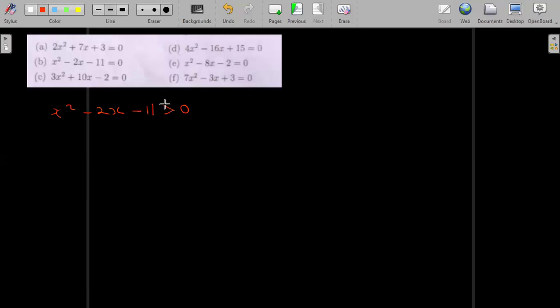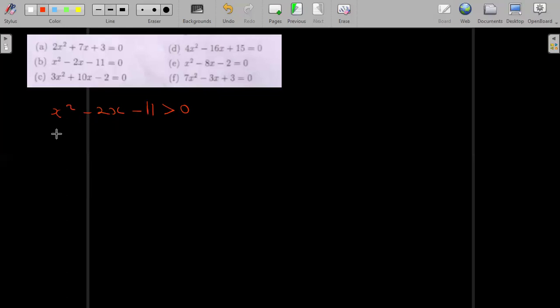When you have something like this, it means that in your solution, what you're looking for is strictly where it is greater than 0. It cannot be equal to 0. If there's an equal to, then you want the equal to to be there. So remember, as we did for those cubic ones, it's the same.